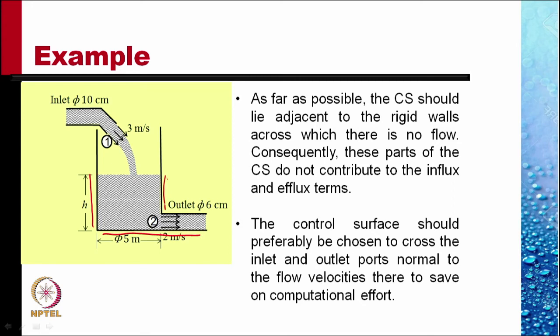So an appropriate control volume is something like this, shown by broken lines. This portion at 1, the control surface, is perpendicular to the velocity of water. And this portion at 2 is also perpendicular to the velocity of water.